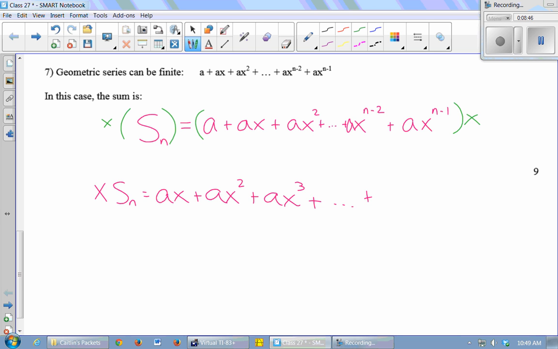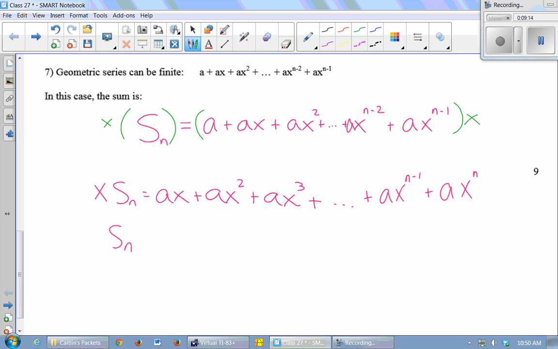And I'm missing an a there. Okay. X to the n minus 1 times x gives me what? X to the n. Add the exponents. N minus 1 plus 1 is n. All right, now I'm going to write the original equation before I multiplied by x underneath here.